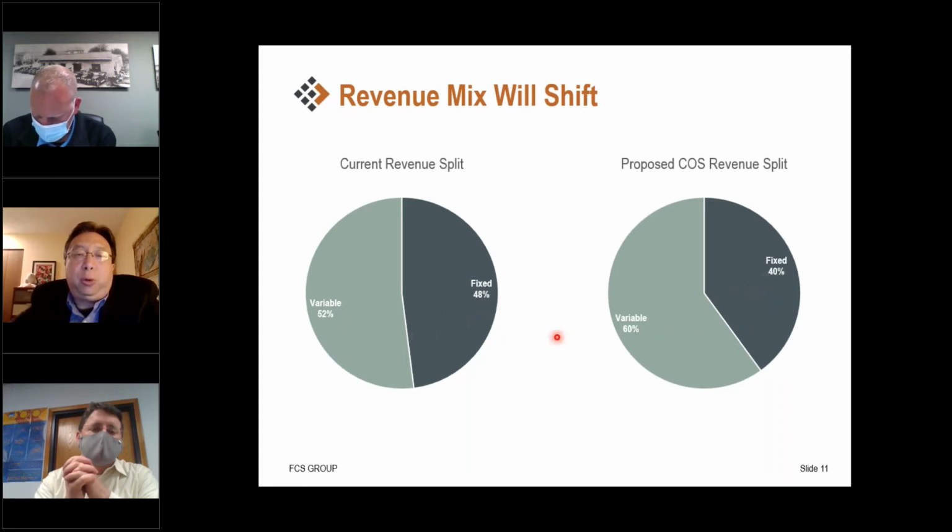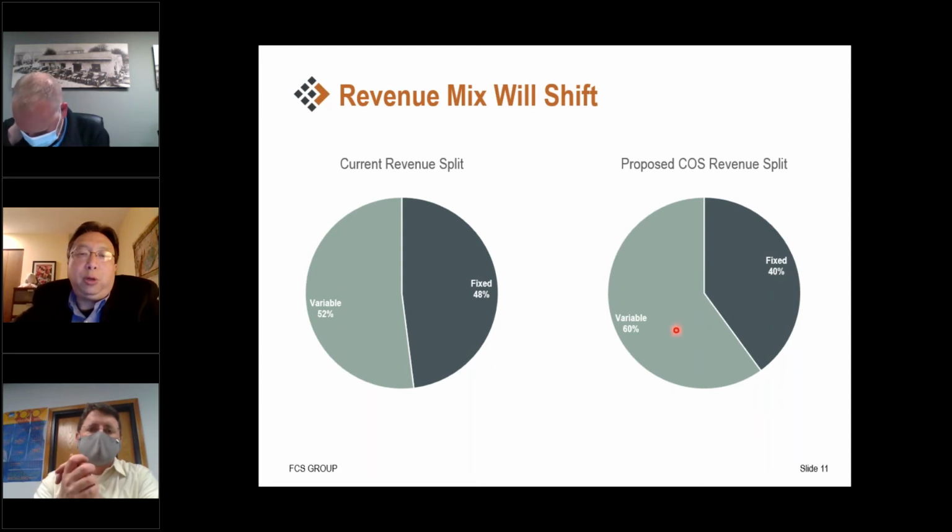While we're moving towards a greater mix of revenues coming from your variable charges, this split actually doesn't concern us. We generally try to target a revenue mix that's no more than, for example, about 65-35 or 70-30. Once we start moving into that range, then we start becoming a little bit concerned that the revenue for the utility may be a bit more exposed.